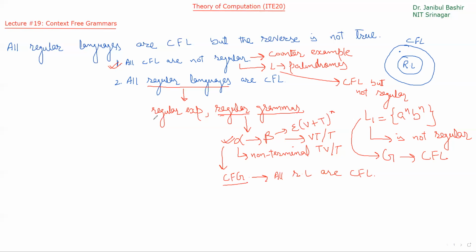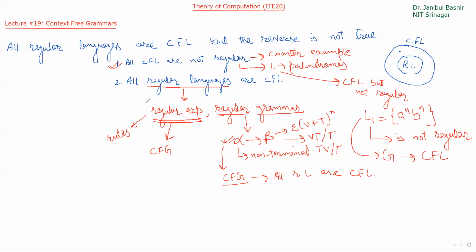The second method is using a regular expression. Now, for every regular language, there exists a regular expression, and we can derive a context-free grammar from a regular expression. If we have a regular expression, we can easily generate the context-free grammar, or we can say we can have the context-free rules for regular expressions.